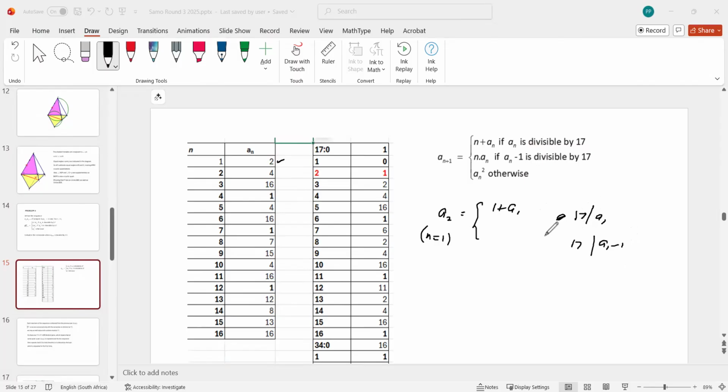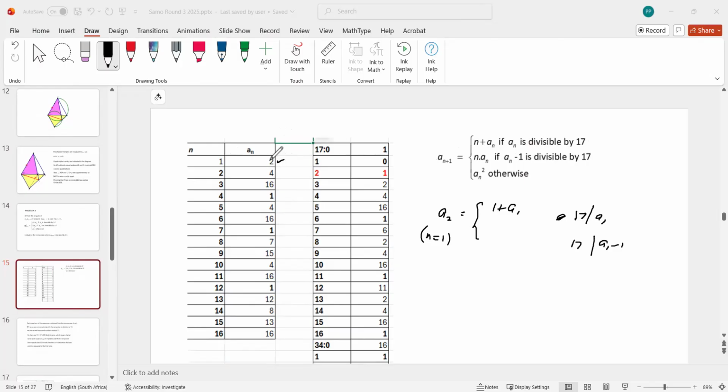Okay, so in other words, I take a_1, which is 2. We want to find out whether it is divisible by 17.